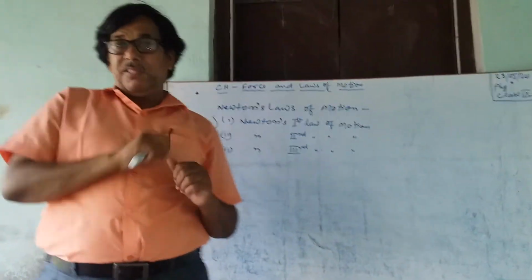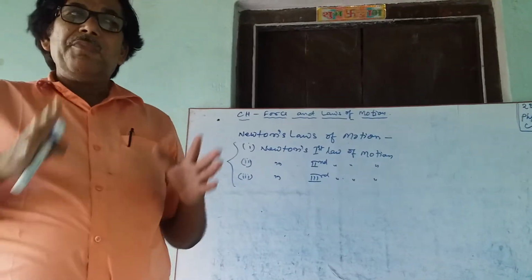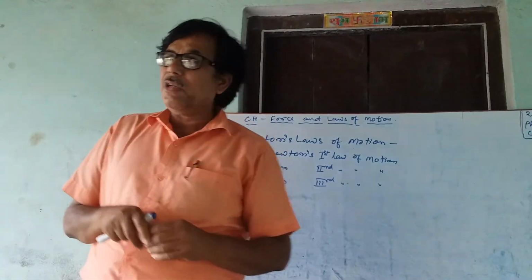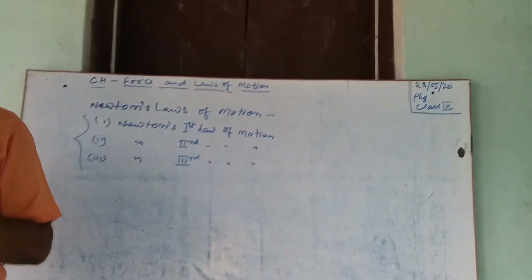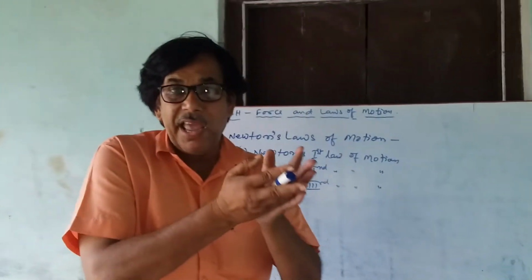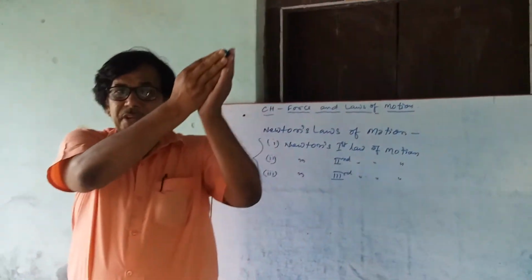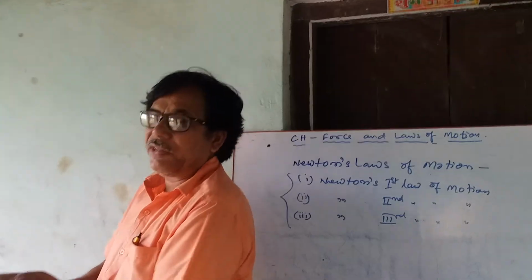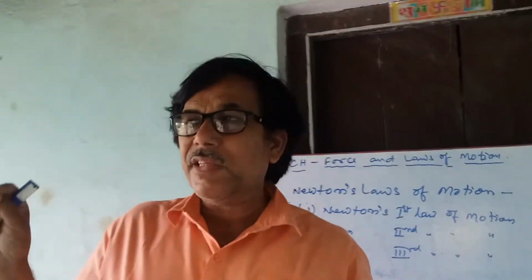Why does this happen? We will study it in Newton's laws of motion. Also, we generally see that when a fielder catches the ball, he or she withdraws his hand in the backward direction. Why this? We will study Newton's first law of motion.